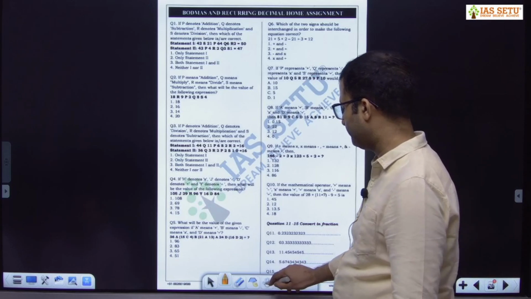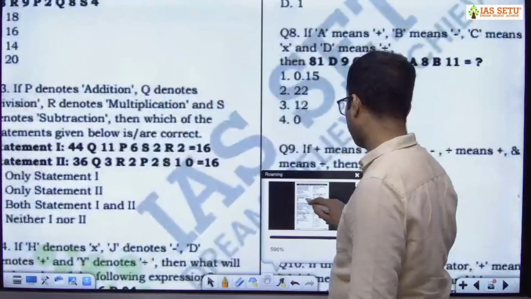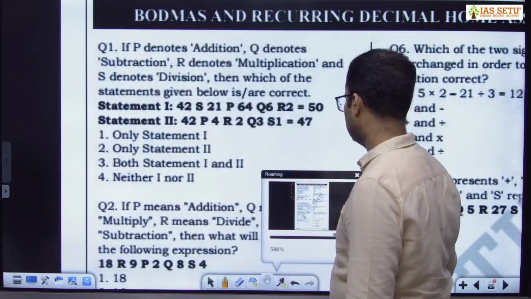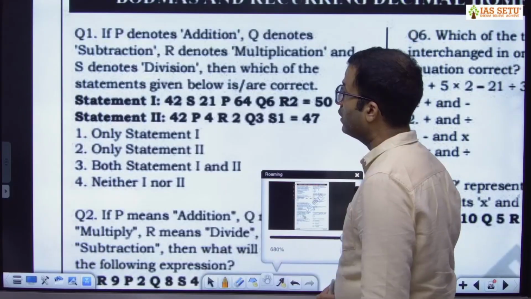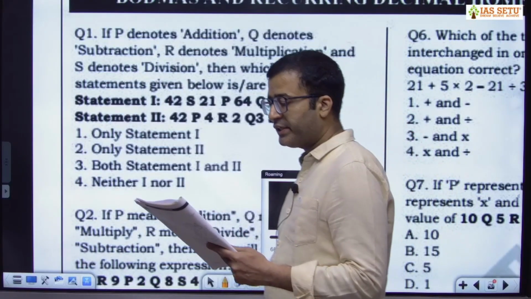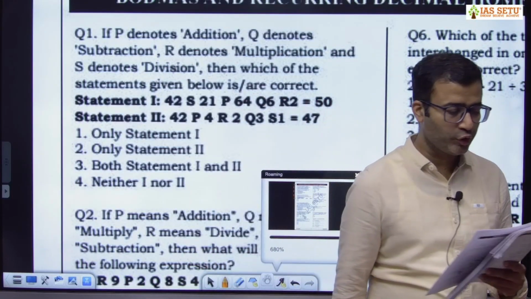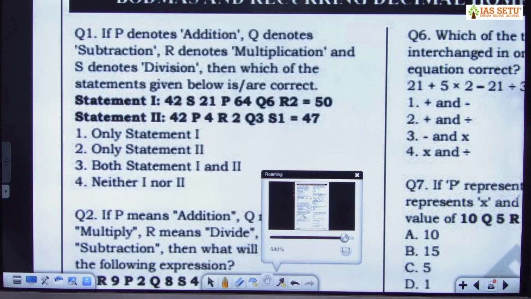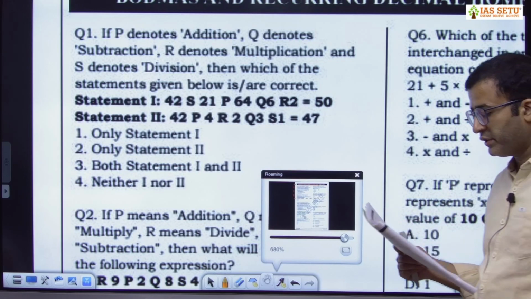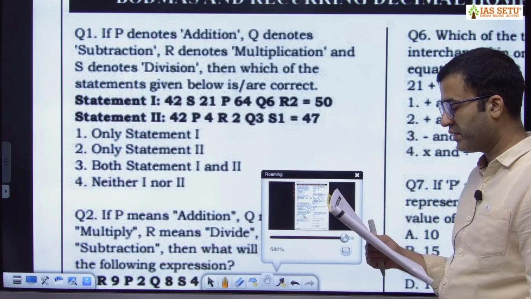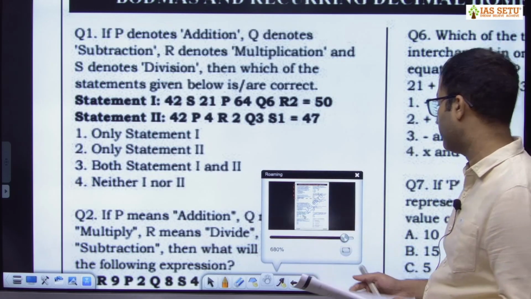Okay, page number 4, question number 1. If P denotes addition, Q denotes subtraction, R denotes multiplication, S denotes division, then which of the statements given below is or are correct?